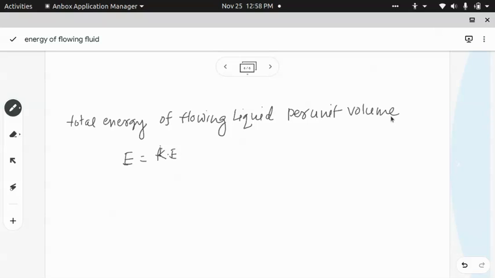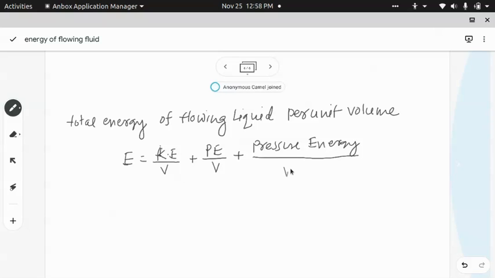Directly we will write per unit volume. So kinetic energy per unit volume plus potential energy per unit volume plus pressure energy per unit volume. So here I can write total energy per unit volume.